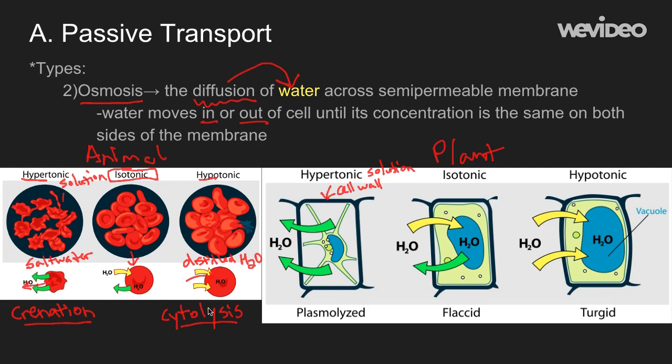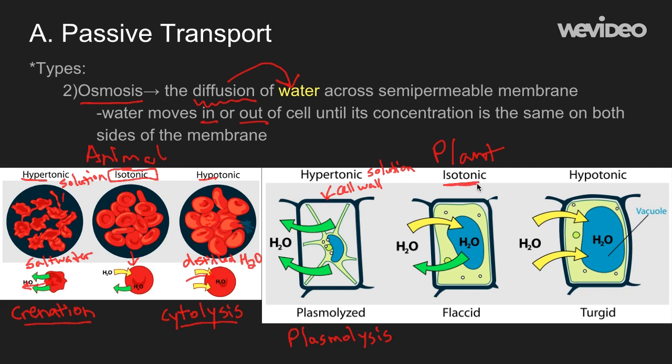This is called plasmolysis, or we say the cell's plasmolyzed. The term is called plasmolysis. So the cell walls stay there, and the cell membrane sucks in and leaves the cell wall behind.